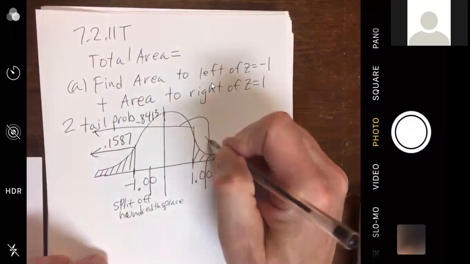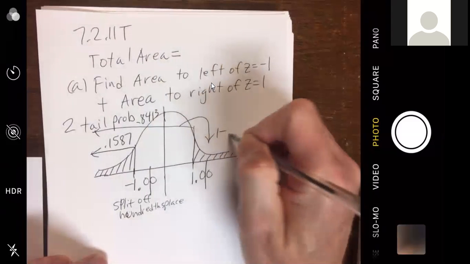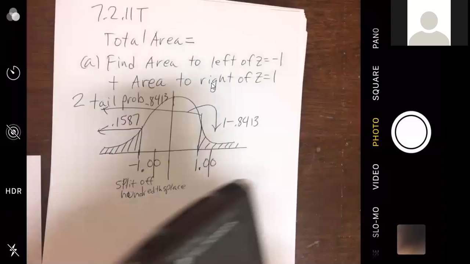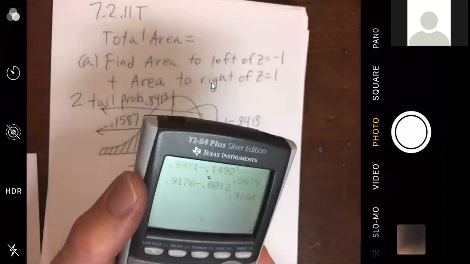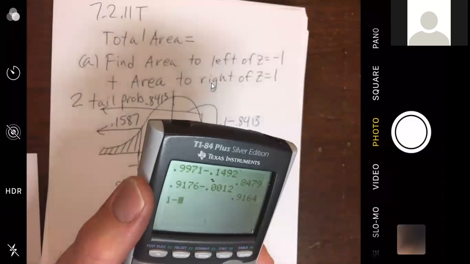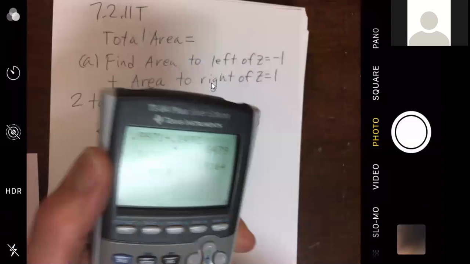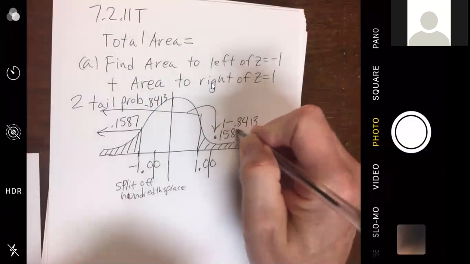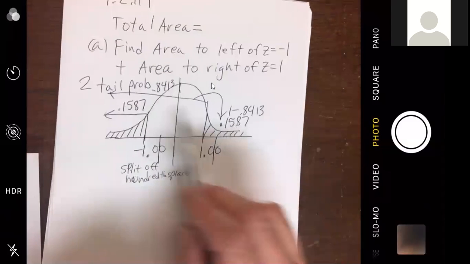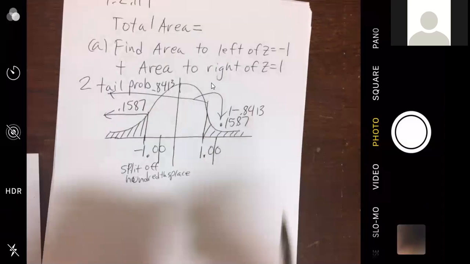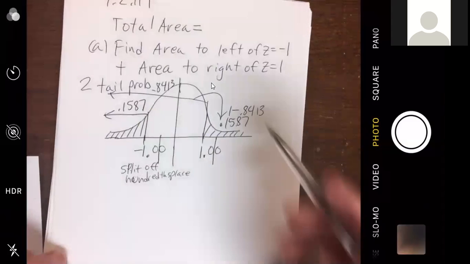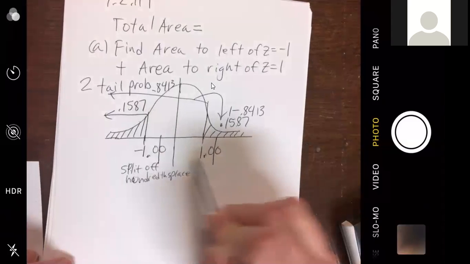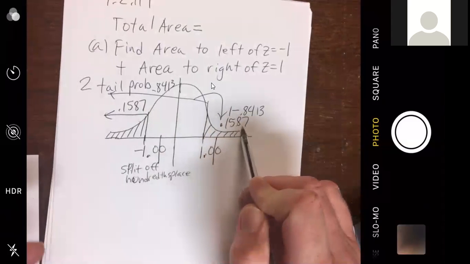I need to subtract this from 1. 1 minus 0.8413 is, oh, what do you know? The same answer. If you knew that, you wouldn't really have to do that. These are the same, just opposite signs. So that's got to be 0.1587.